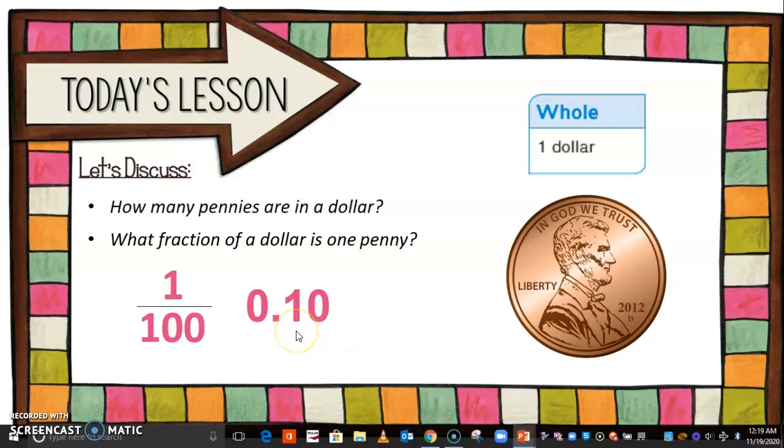So we have our tenths place here, and now we have our hundredths place. Now, some people will read that as 0.10 or 0.10. Okay, no, we read that as, well, we can read it as 1/10, or you can read it as 1/100th. Kind of crazy, right? Yeah, that's your hundredths place.